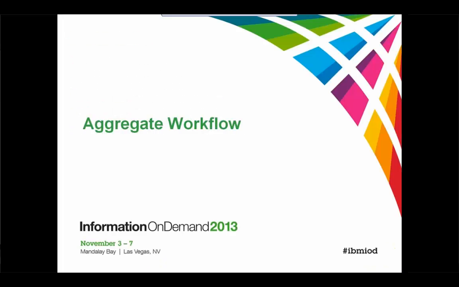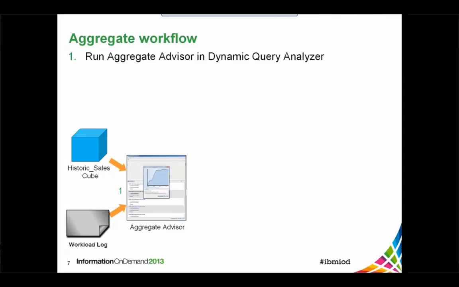All right, so Aggregate Workflow. As I mentioned last week, one of the main ways we get performance is through our aggregate cache as well as database aggregates. And the way to get aggregates into our system is to run the Aggregate Advisor.